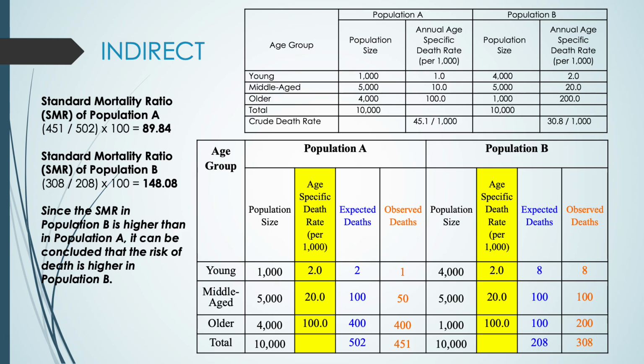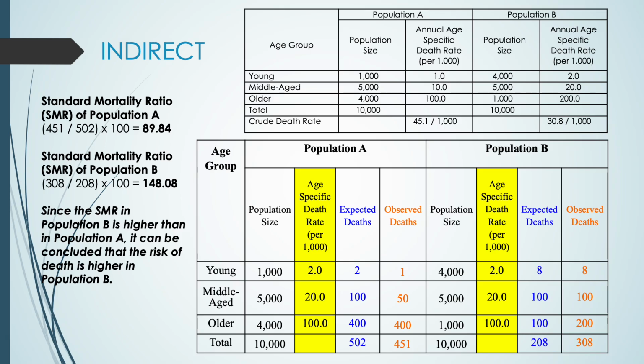Then, similar to direct standardization, we compute for the expected deaths again by multiplying the population size to the borrowed standardized age-specific death rate and divide it by 1,000, since the age-specific death rate is reported per 1,000.